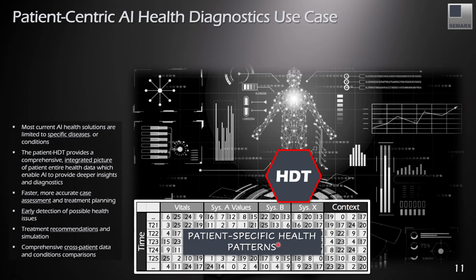and then identifies patterns, and these patterns would be specific to that person. This kind of view would enable AI to detect early deviations from normal situations, and detect health risks early.